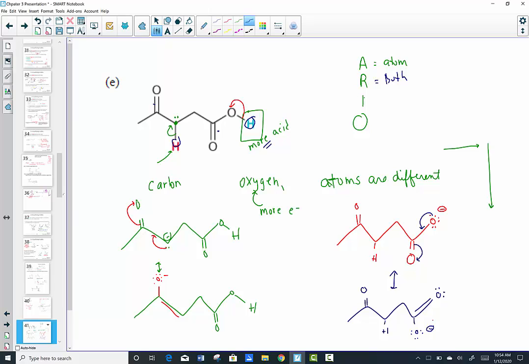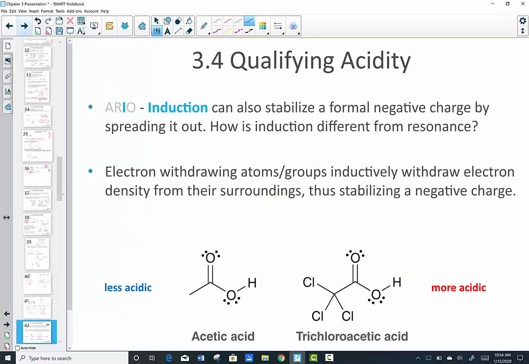Let's move to the third letter in ARIO, and this is called induction. Induction is what's used to stabilize a formal negative charge by helping to spread it out. And let's compare the term induction to the term resonance. Induction is when we have an electron withdrawing atom or groups of atoms that inductively withdraw electrons from their surroundings.